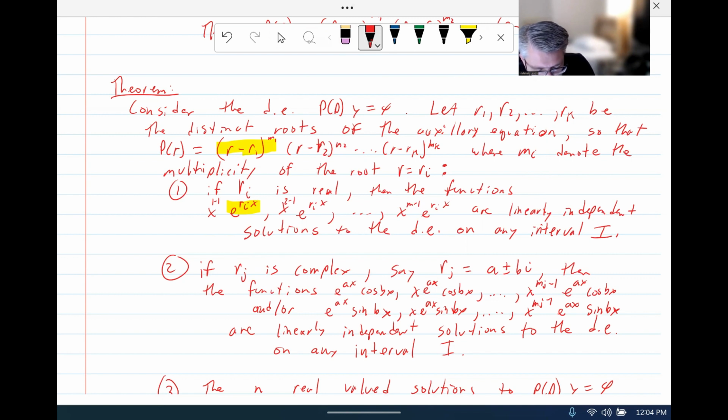And so if I have multiplicity 1, then that corresponds to x to the 0 power times e to the r_i x. Okay, and r_i is just the particular root of r that I'm working with.